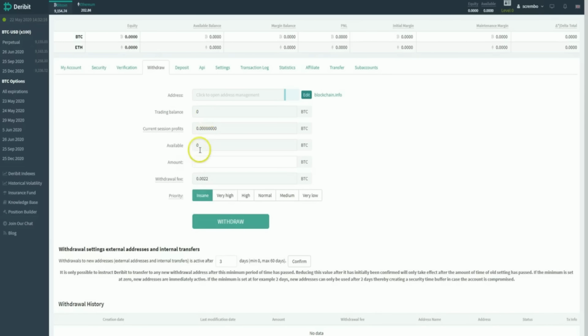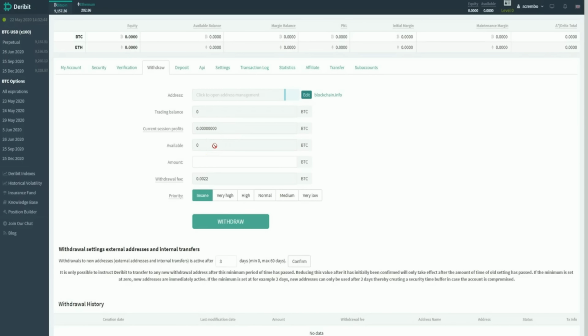And here you can see how much balance you can withdraw. I have zero balance right now, so I cannot withdraw, but if you have, then you can simply withdraw from the Deribit platform. If you find that this platform is useful and you start trading here, then you can make a profit.